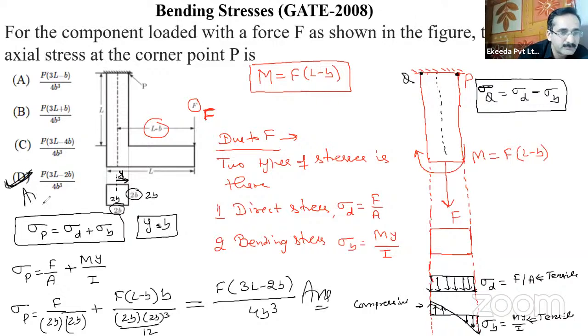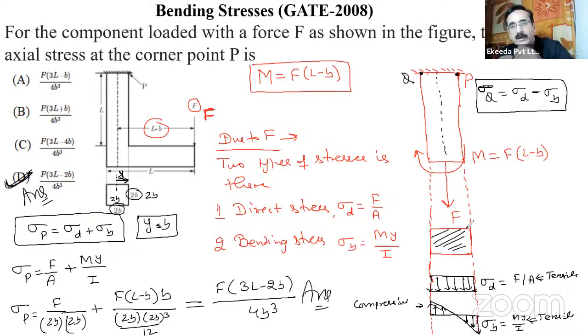So this is the answer, right? So what we have done here is that it was an L-shaped frame where the force was applied at one end, and this force is causing two types of effects. One is the force itself, which is causing tension in the frame, and another is the bending moment, right?